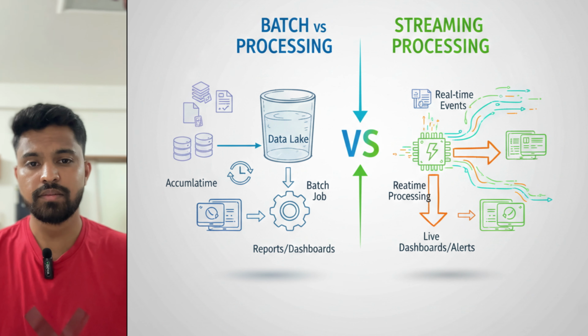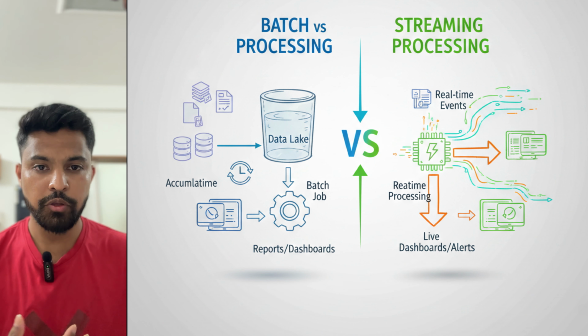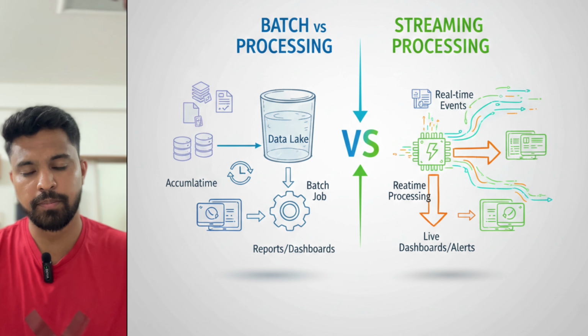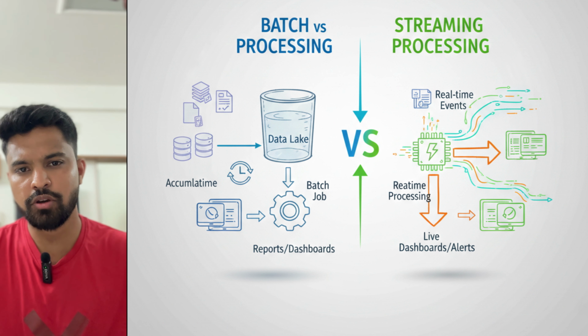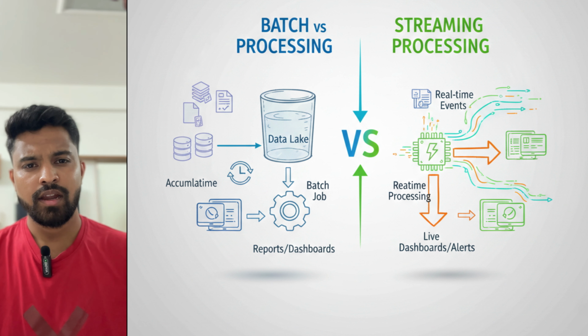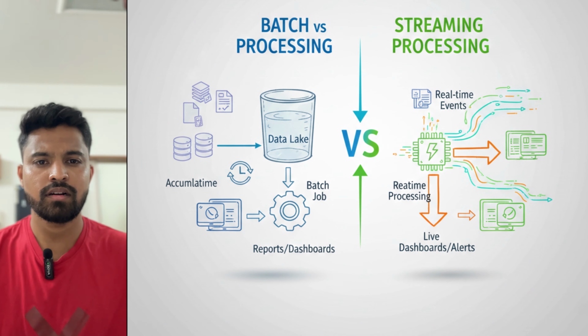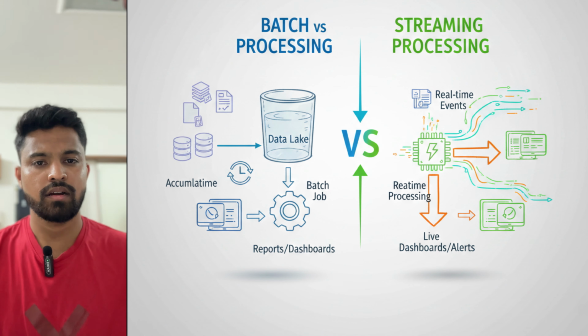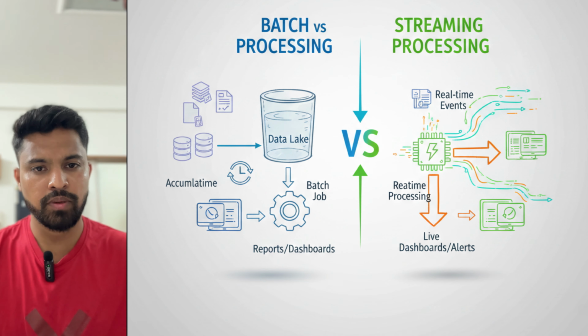When you want to work on historical data, you will go with batch processing. It is also cost effective because it is very easy to set up, and you're processing huge volumes of data.